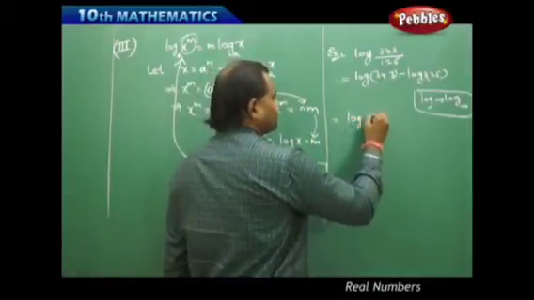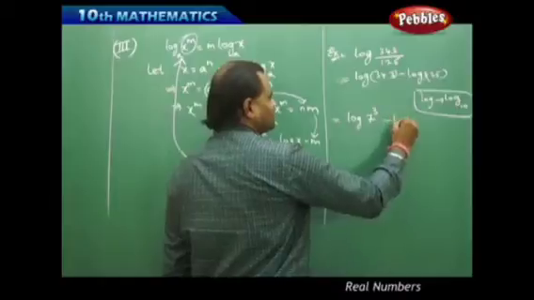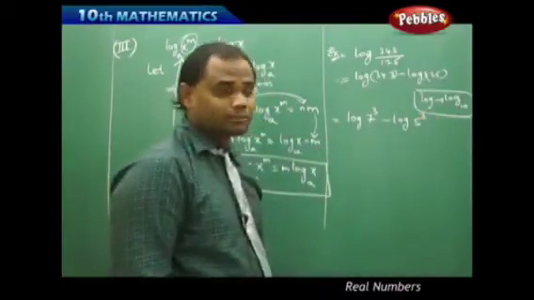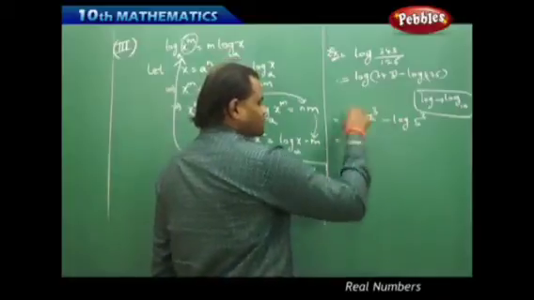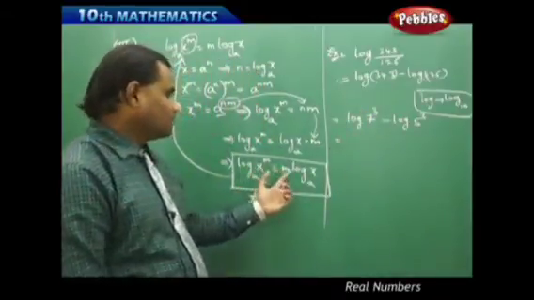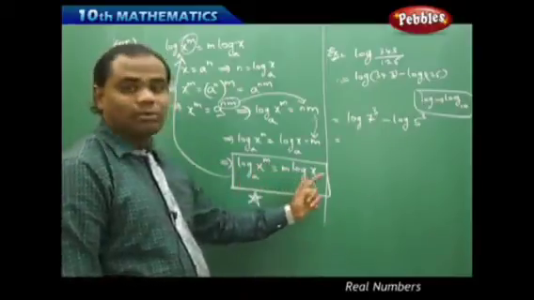because 343 can be written as 7 cube, minus log 125, which can be written as 5 cube. Further simplification using the third law of logarithm says that log x power m is m log x.